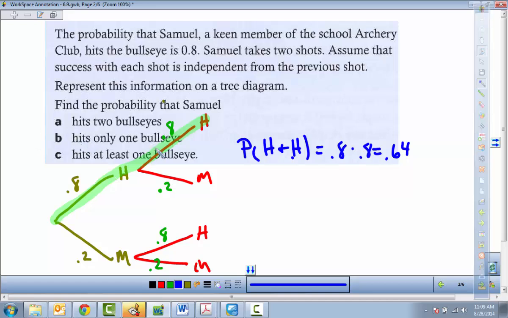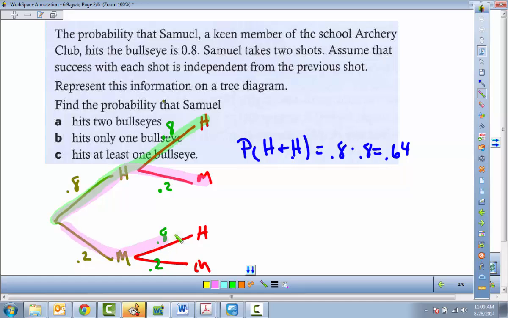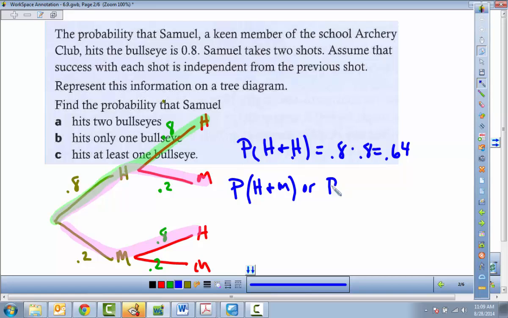Hits only 1 bullseye. Well, to hit 1 bullseye, that can happen 2 different ways. And let's identify what those 2 ways are. We could hit first and then miss, or we could miss and then hit. So probability of hit and miss, or probability of miss and hit.